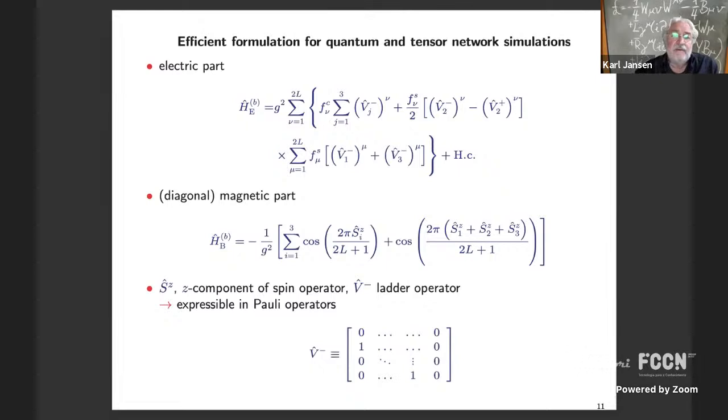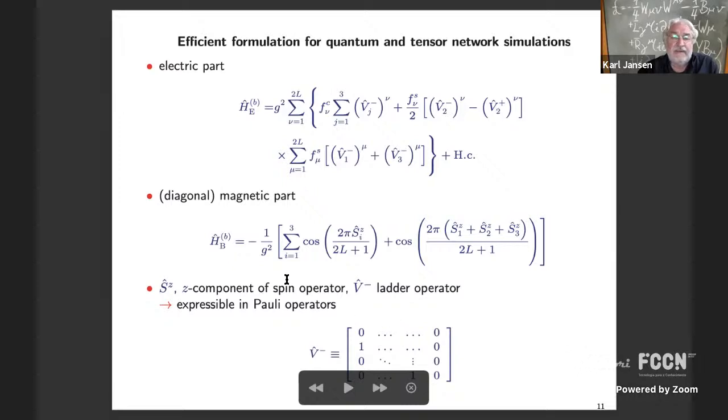And to implement all this, what we do is that we use these raising and lowering operators, this V hat, which for the electric part, for the string operators, have only ones on the off diagonal. So this then corresponds to a lowering operator.